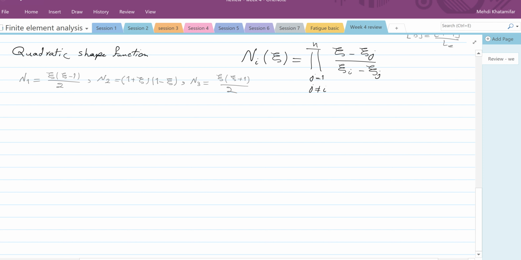So you need to have 3 displacement values u1, u2, u3 to be able to solve this one. And let me draw, like the previous linear one, the graph for N and psi. So this is going to be psi.